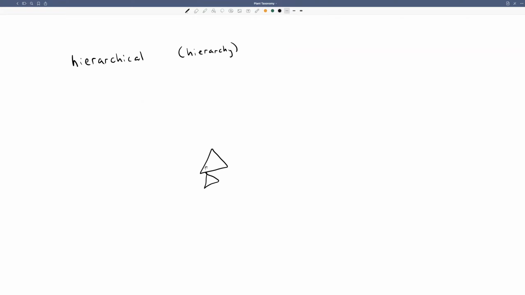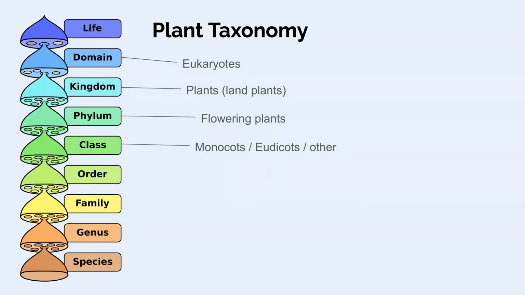So if you have a genus, then some part of that is a species. You might have a couple of species, you might have 1,000 species in a genus, but they're contained within this category. Species 1, species 2, and so on, illustrated a lot better in this image that I borrowed.